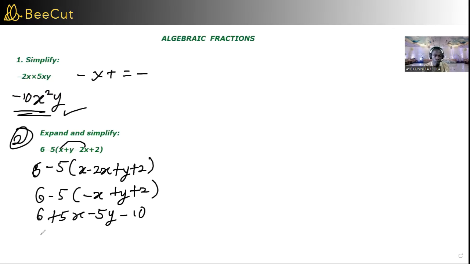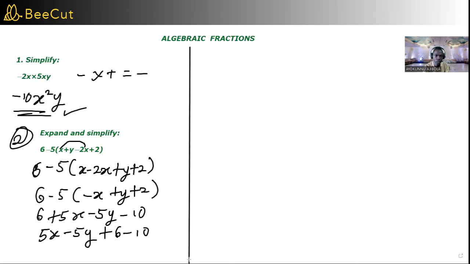Then I have 5x minus 5y plus 6 minus 10. So I can now have the other side now like this. Say 5x minus 5y. 6 minus 10 is what? Tracy, what is 6 minus 10?